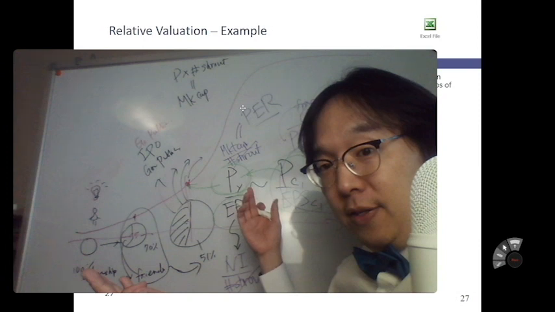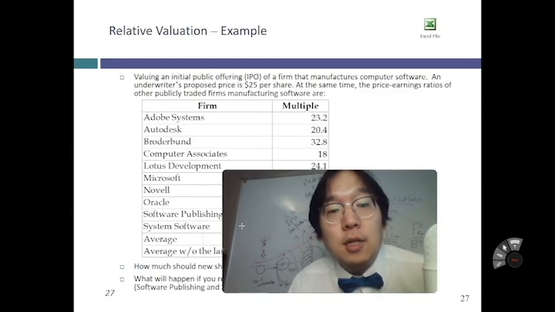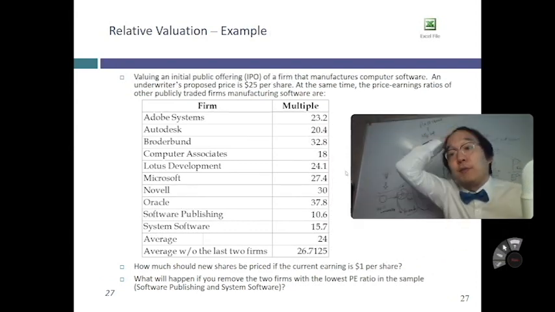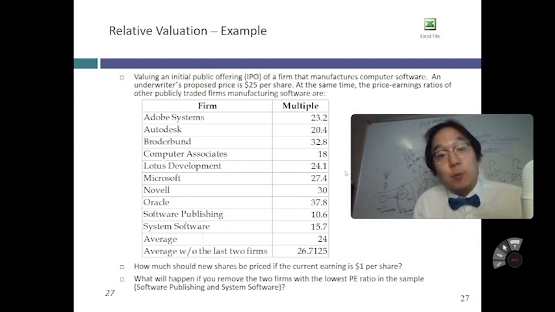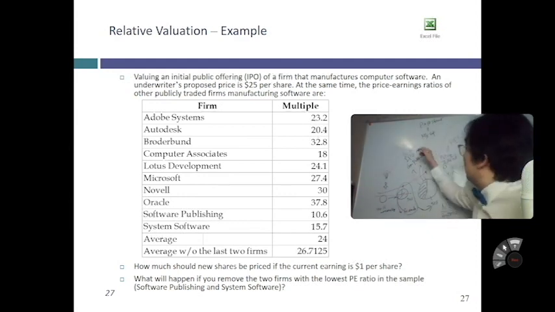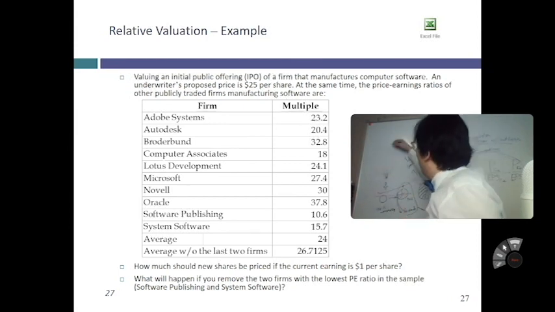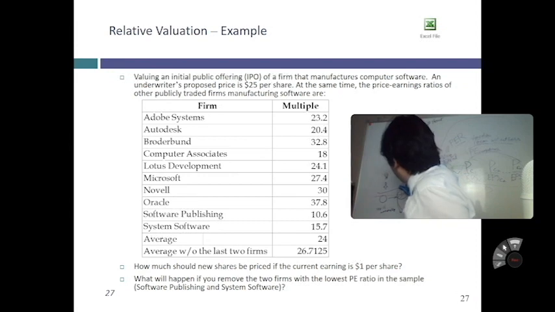So let's see, one by one. I said this is a software company like Adobe Systems. The PE ratio is 23.2, which means the price earnings ratio of Adobe.